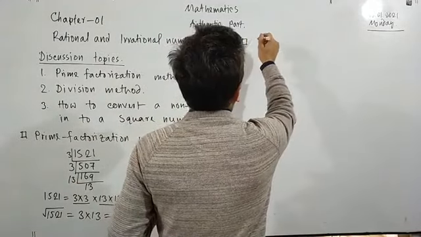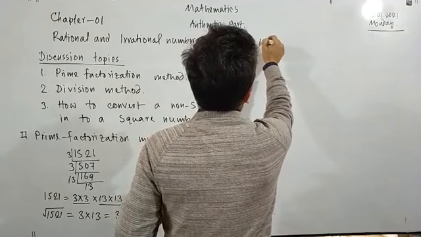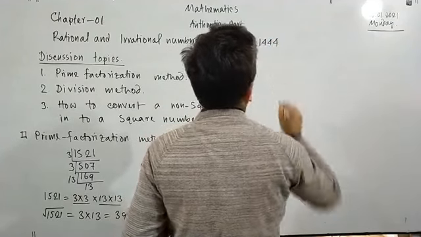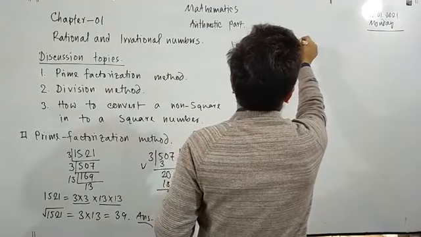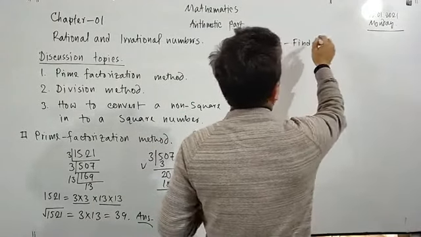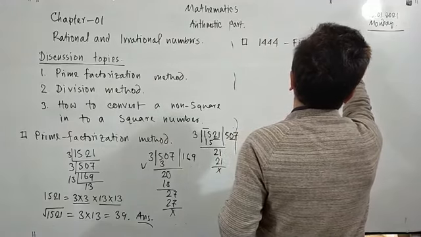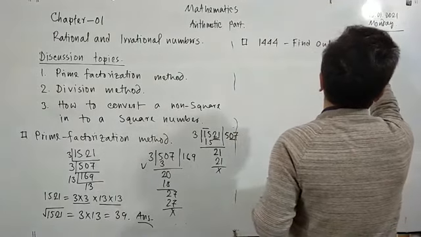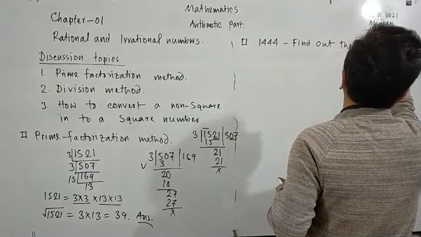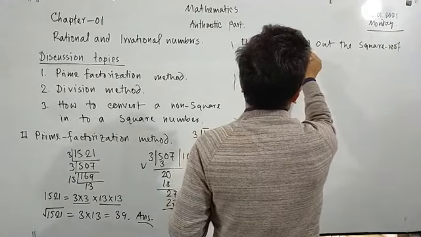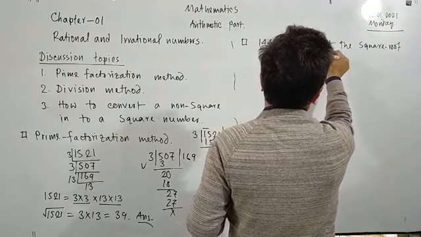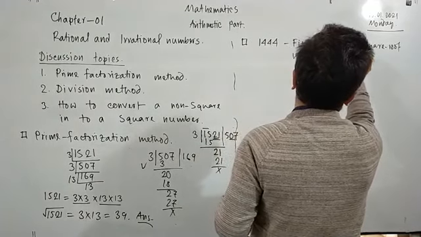All of you try to do it. Find the square root of 144 using the prime factorization method.